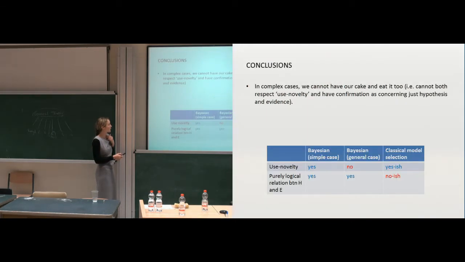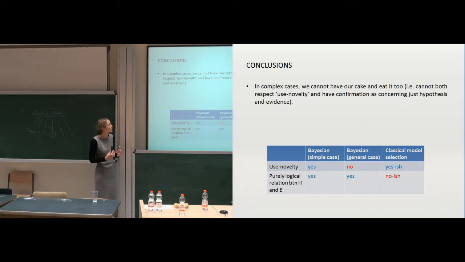Okay, now I'm just going to jump to the conclusion because I need to finish. So, with respect to this use-novelty condition, in complex cases, we cannot easily have our cake and eat it too, right?